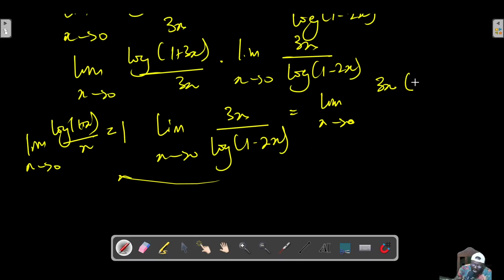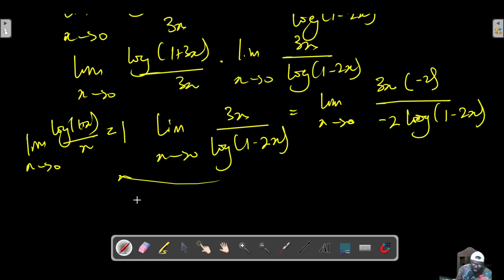I'll multiply the numerator by negative 2, then the denominator also by negative 2 to get log(1 - 2x).